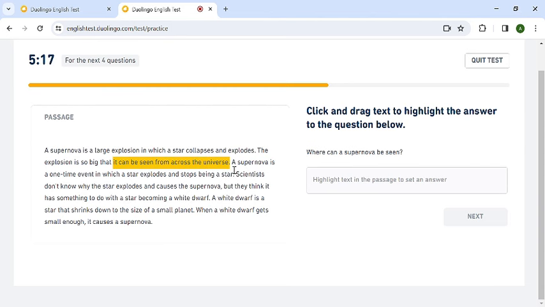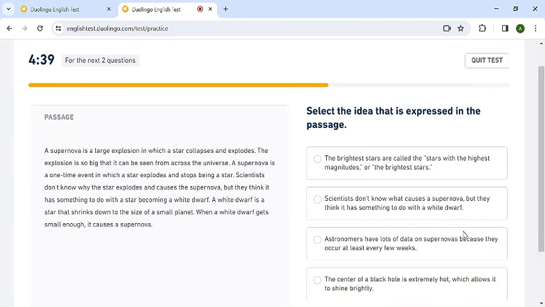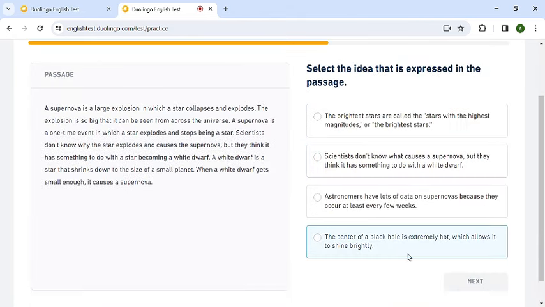Can be seen from across the universe. Scientists don't know, but they think it has something to do with a white dwarf.